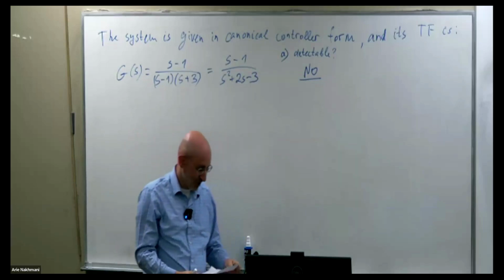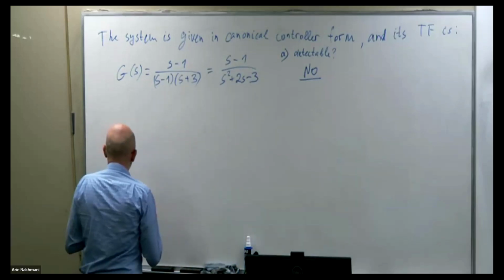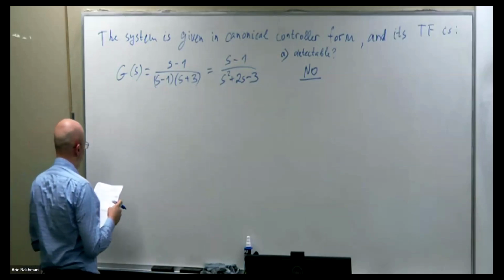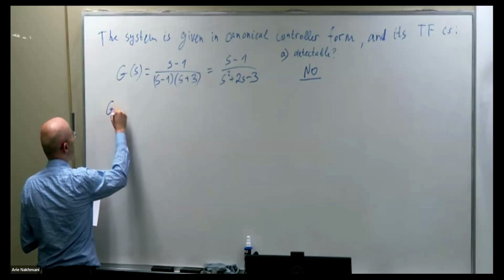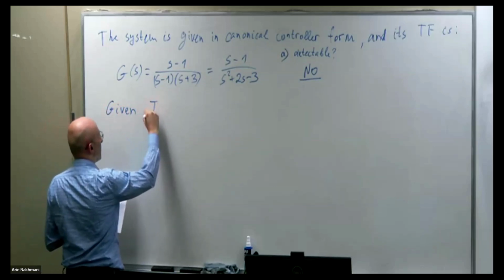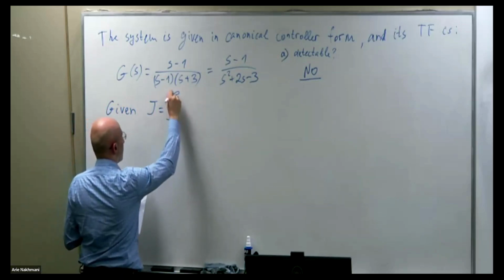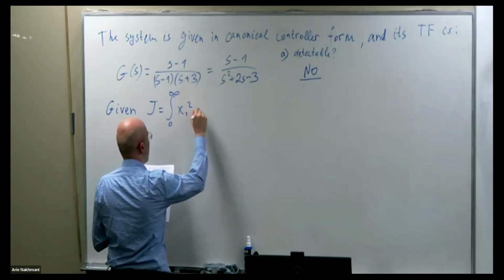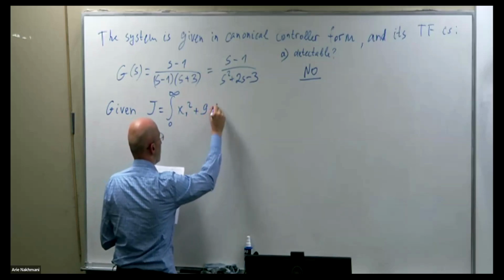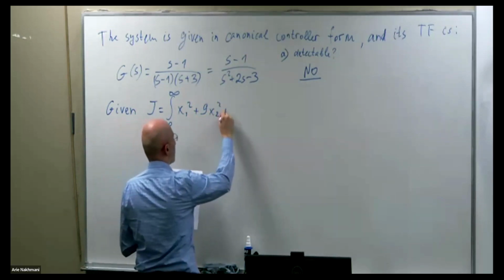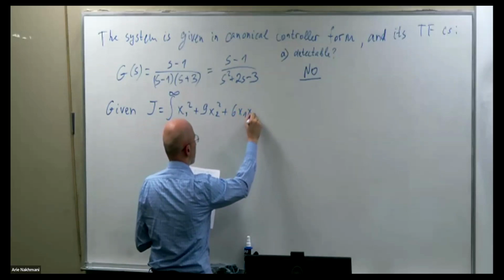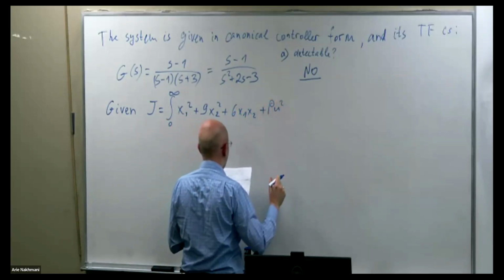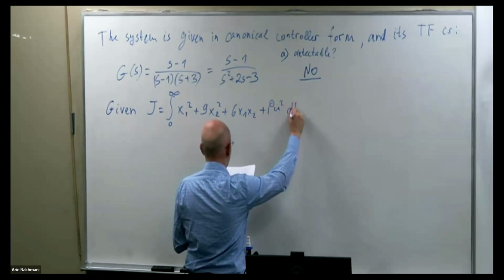Okay, but let's go to the actual question. You want to minimize some particular J: the integral from 0 to infinity of x1 squared plus 9 x2 squared plus 6 x1 x2 plus rho u squared dt.